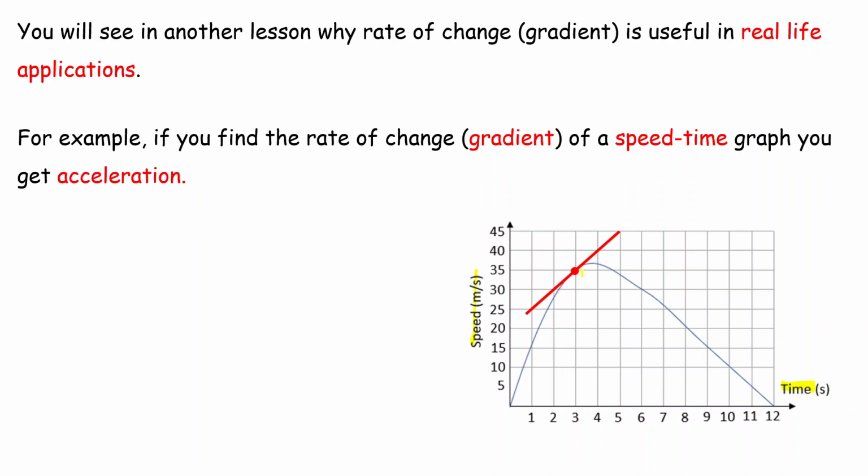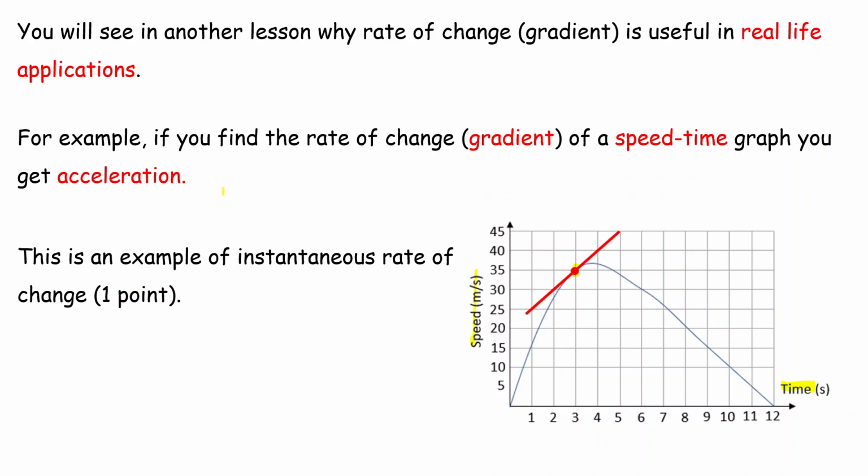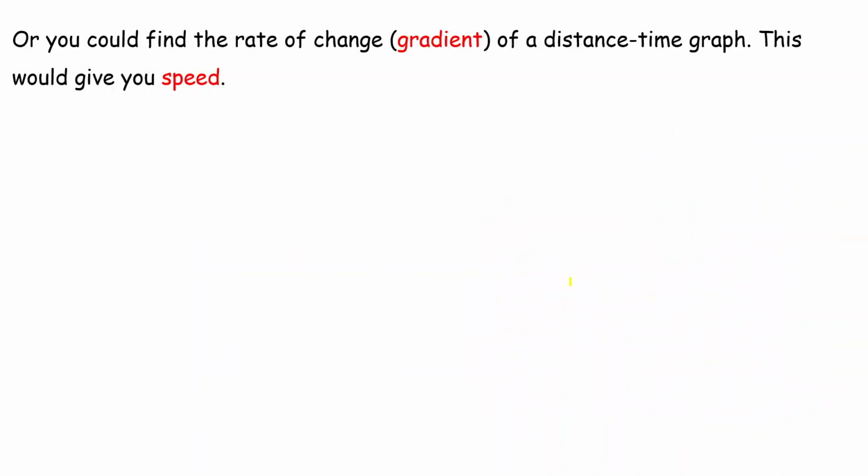In this case, we're finding the gradient at a particular point, which is instantaneous rate of change, because you're finding the gradient of a speed time graph, that actually would get you something called acceleration, which is nice. So this is an example of instantaneous rate of change because we're finding the gradient at a particular point, 1 point, as we can see there.